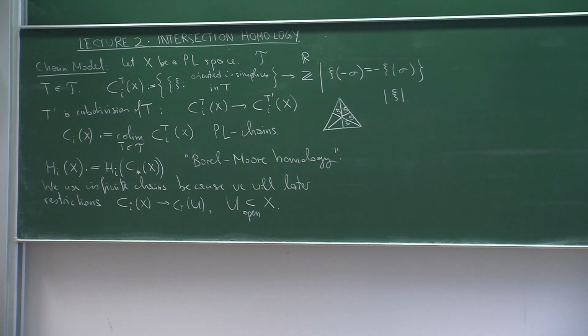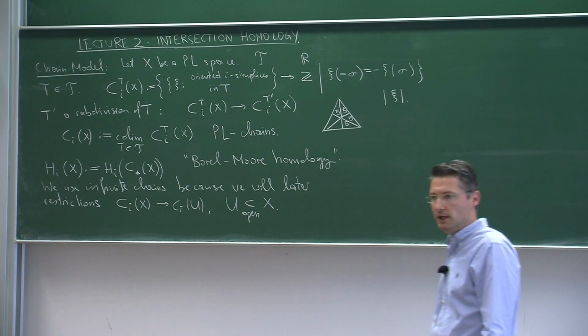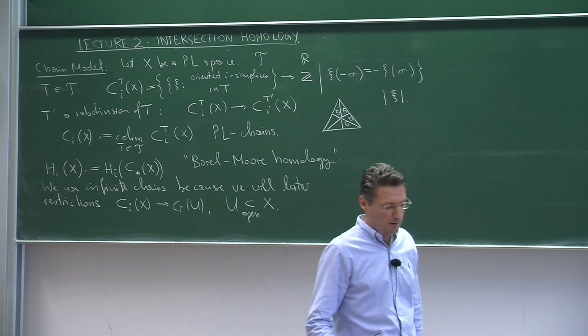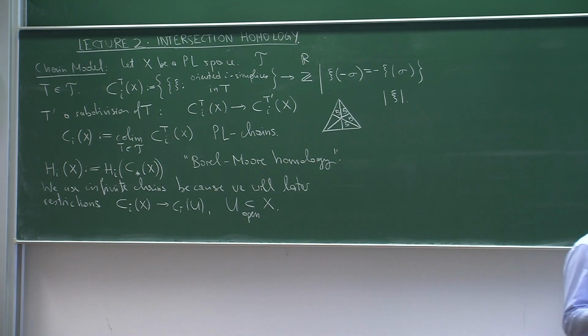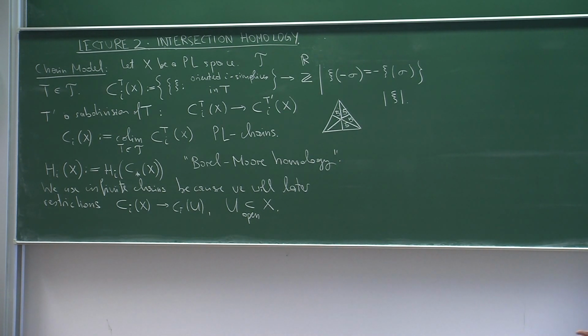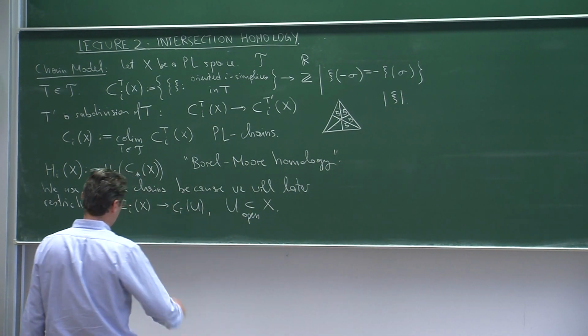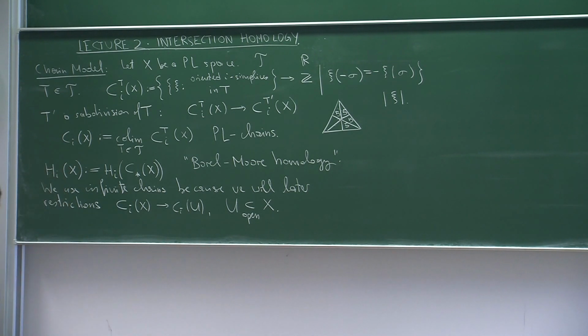You cannot just restrict it to an open subset. It will not be representable anymore by a finite chain on the open subset. But I need this because later on I also want to give the sheaf theoretic point of view, and this is the kind of sheaf property. Sheaves have restriction maps to smaller open subsets. That's the defining property of what a sheaf is. And so for that reason, I use infinite chains primarily.